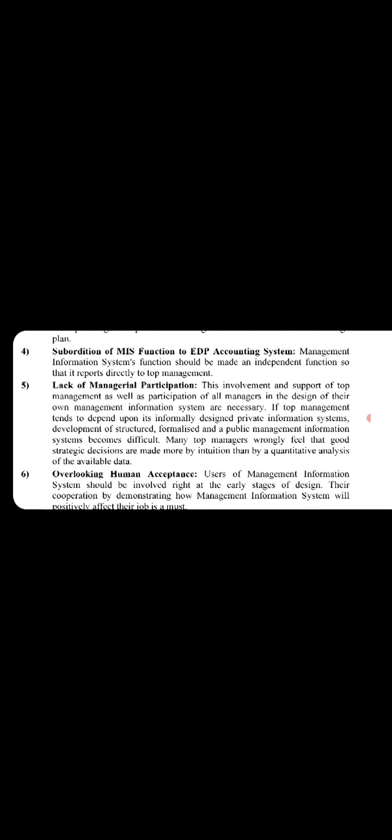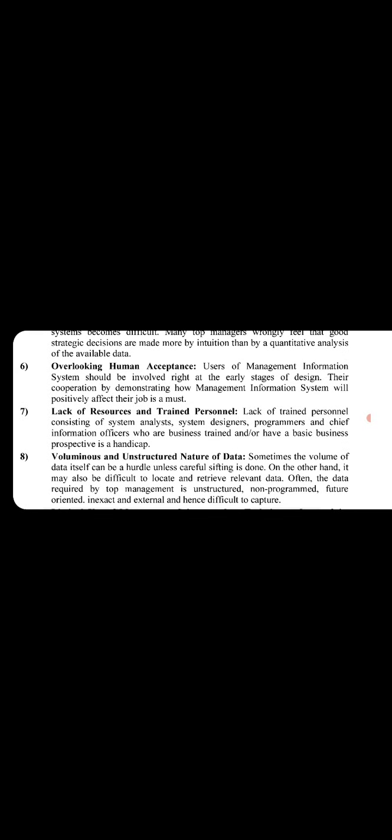So sixth one is overlooking human acceptance. Means users of management information should be involved right at the early stages of design, and their cooperation won by demonstrating how MIS will positively affect their job. Seventh one is lack of resources and trained personnel.